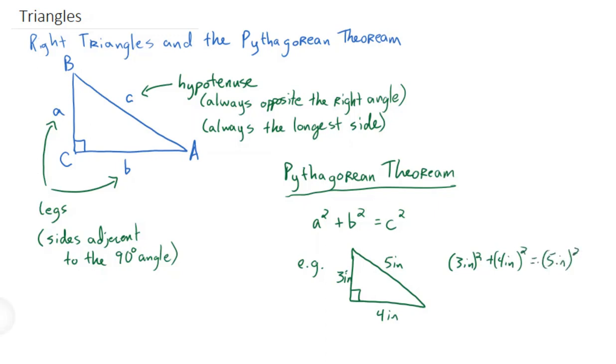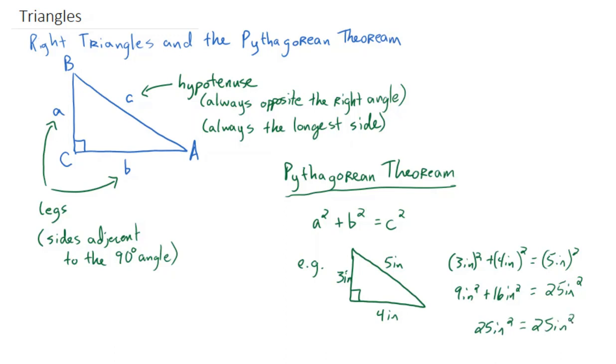Now I'm not trying to solve an equation here. I'm saying these are equal. To show that they're equal, this would be 9 square inches plus 16 square inches equal to 25 inches squared. And sure enough, that's 25 inches squared equal to 25 inches squared.